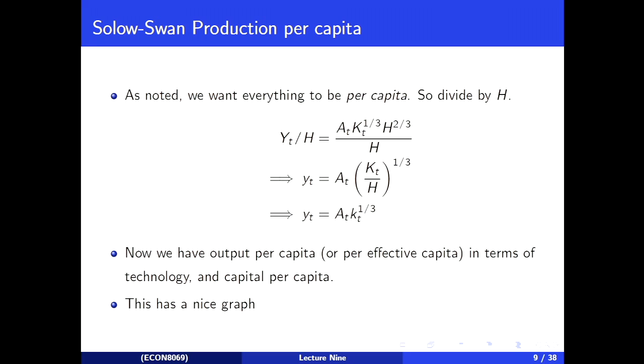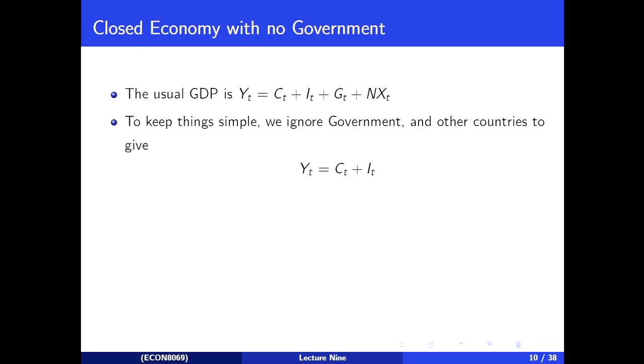And so we get the same sort of curve as before, where this is some initial level of technology, whatever it is, times k to the third. So we get the same sort of behavior as previously. This has a nice graph. Okay.